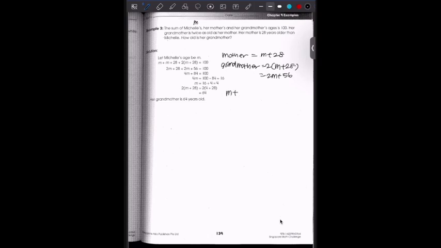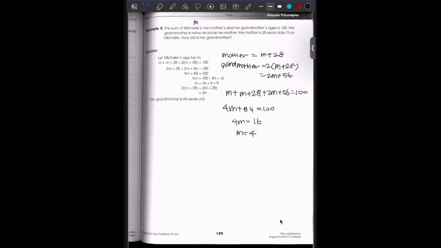And so Michelle's age plus the mom's age plus the grandmother's age is going to be 100. Now we know that that is equal to 4M plus 84. And so 4M is going to be equal to 100 minus 84, which is 16.